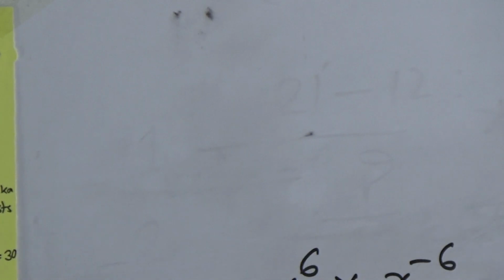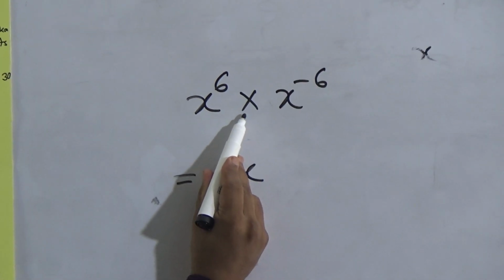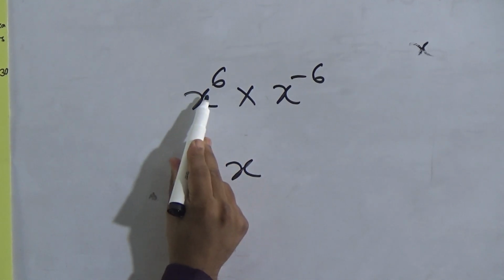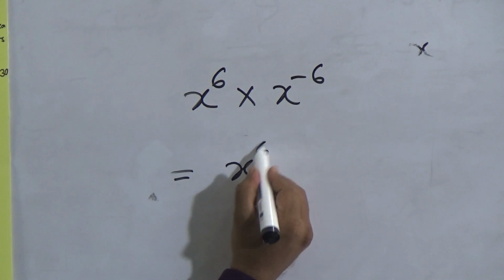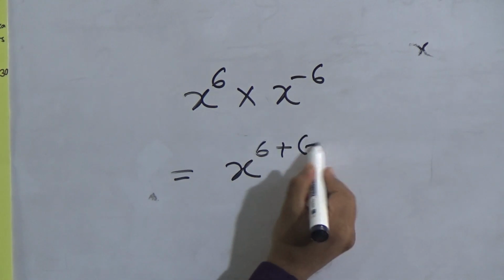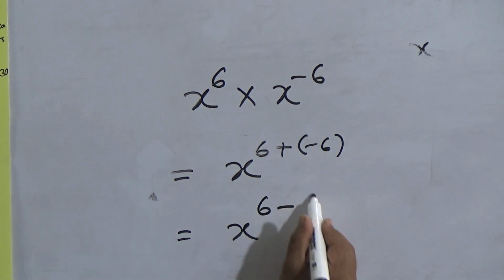Our base is same, so our base will remain x. Our index will be added because it's a multiplication sign. When a multiplication sign arises, we can add the indexes. Our indexes are what? 6 plus minus 6.